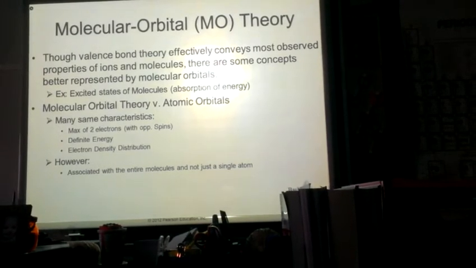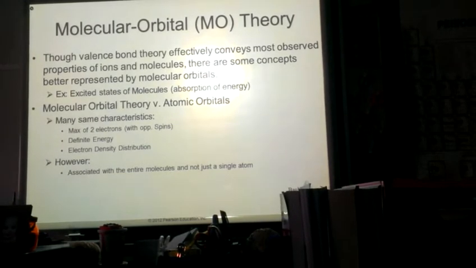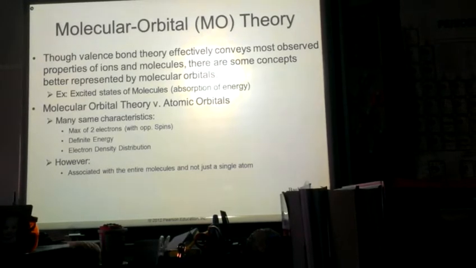So, MO theory. With valence bond theory, we know that it conveys pretty well most of the observed properties of ions and molecules, but some things are really better described by what happens with a molecular orbital. Many characteristics for molecular orbital theory and atomic orbital theory are going to be similar.